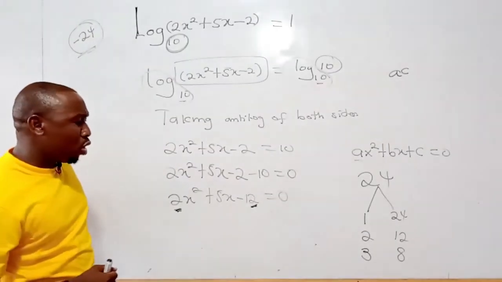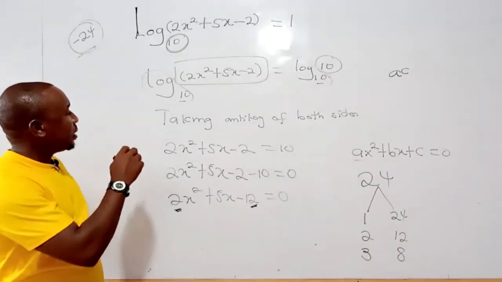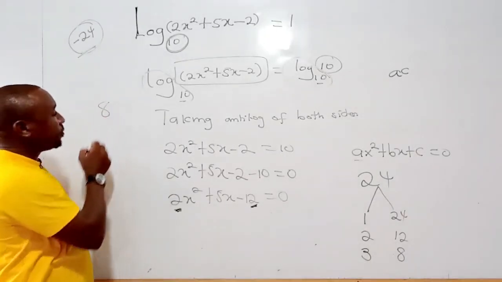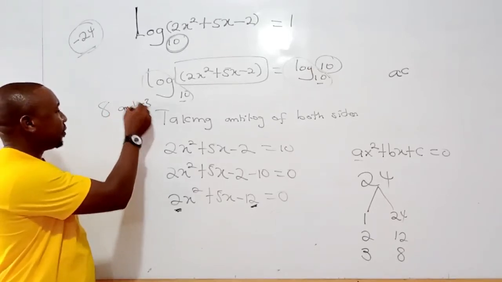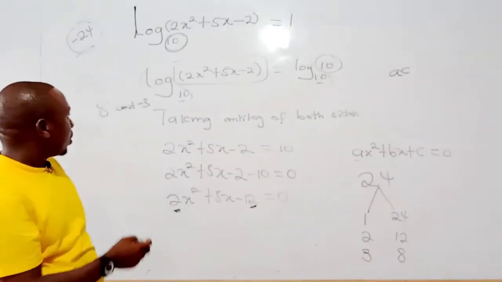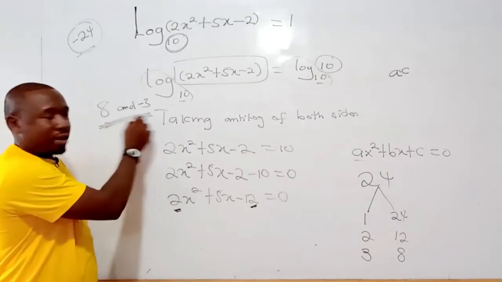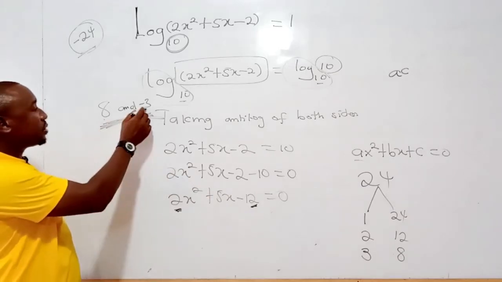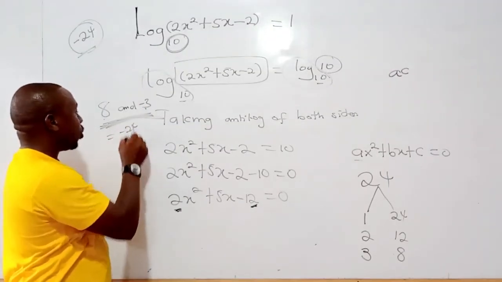So by doing your manipulations, you can see that by choosing positive 8 and negative 3, this combination can help us get what we need. 8 times negative 3 will give us negative 24.